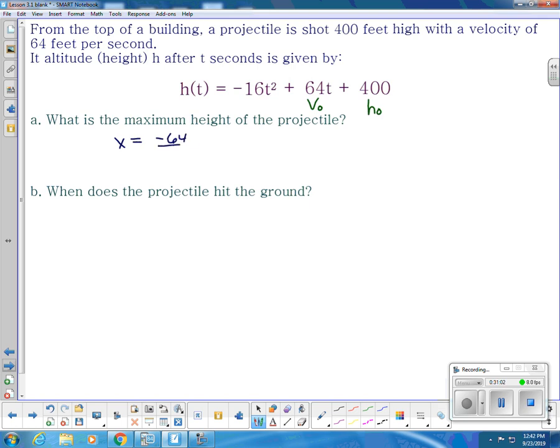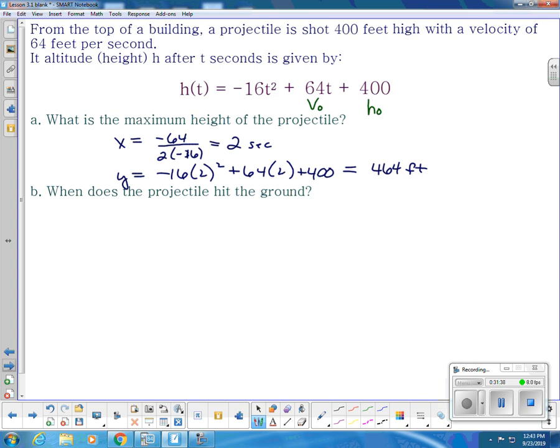So you're going to be doing the opposite of b divided by 2a a couple times. So in 2 seconds, I'd be at my maximum height. And to find that maximum height, you're going to plug in the 2. So in 2 seconds, I will be at 464 feet.